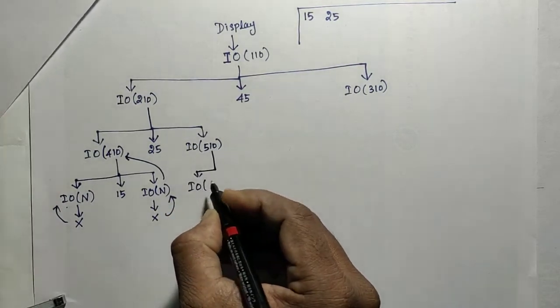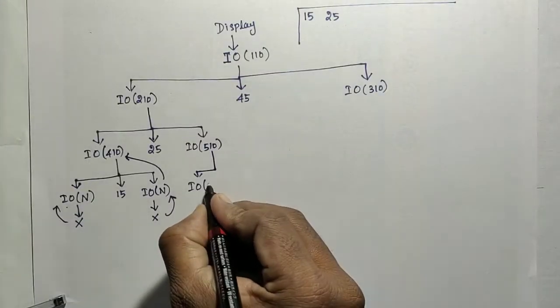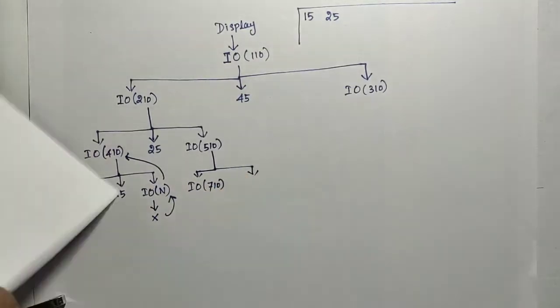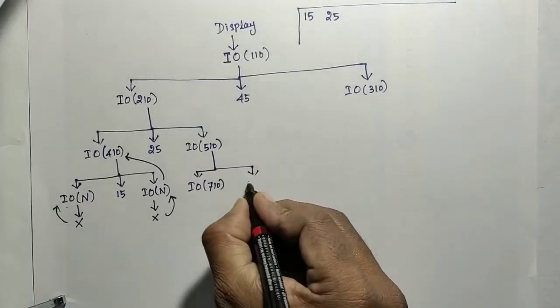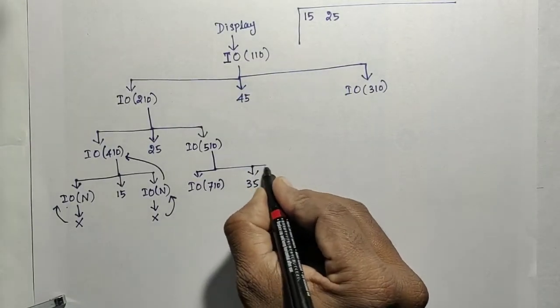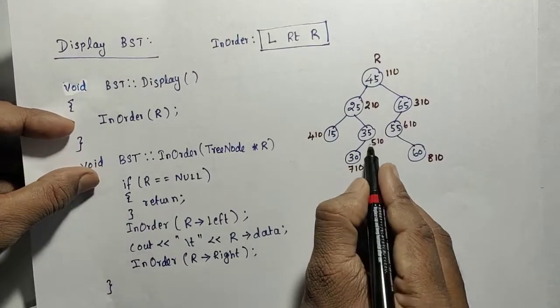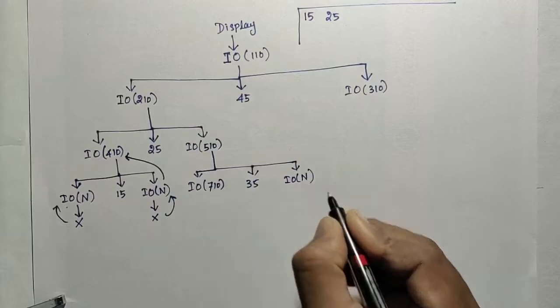IO of the left of the 510. The left of the 510 is 710. So IO of 710. Then print the data of 510. The data of 510 is 35. And then right of the 510. Right of the 510 is a null. So IO of null. Like that you have to explain.